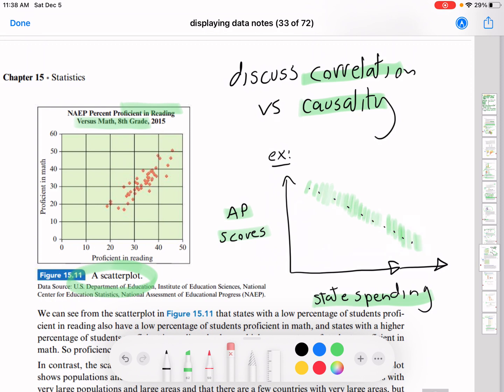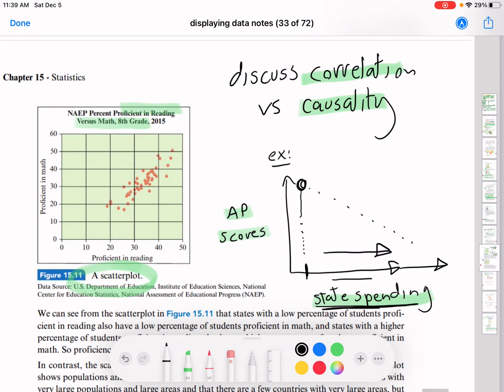Right? That was just a correlation, but you need to understand the data to make sense of it. Because what was actually happening was states that spend more money actually increased their AP class offerings. So states who spent very little money maybe just had one AP class for the whole school, in which case maybe the top math students were taking the AP test, so they had a high score.